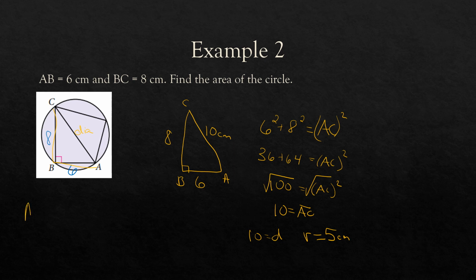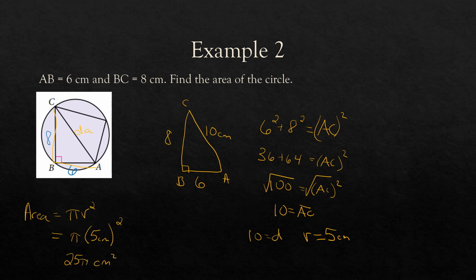Now the area of a circle is pi r squared. This is the area of the whole circle. So I have pi times 5 centimeters squared, or 25 pi centimeters squared.